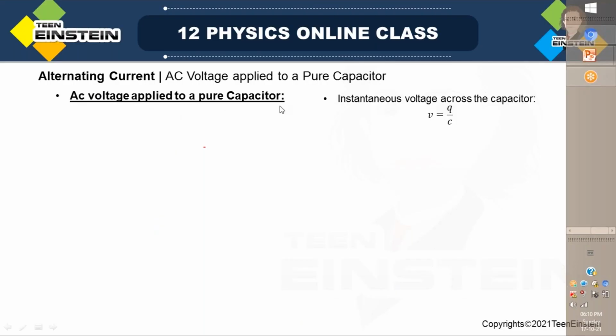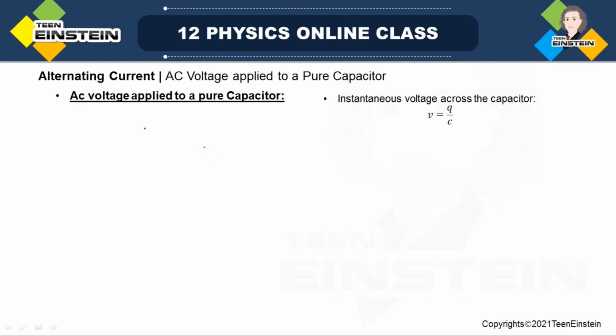See, today we'll be learning what happens to current in the circuit if we apply an AC voltage to a pure capacitor.